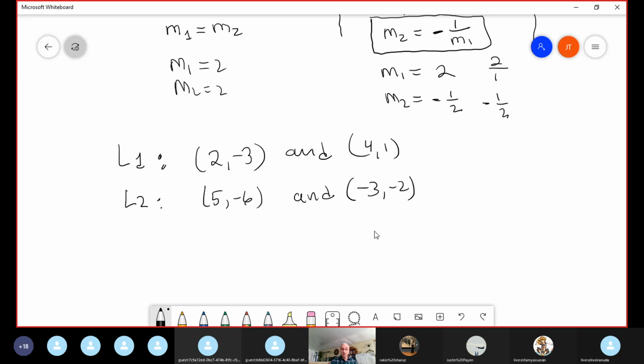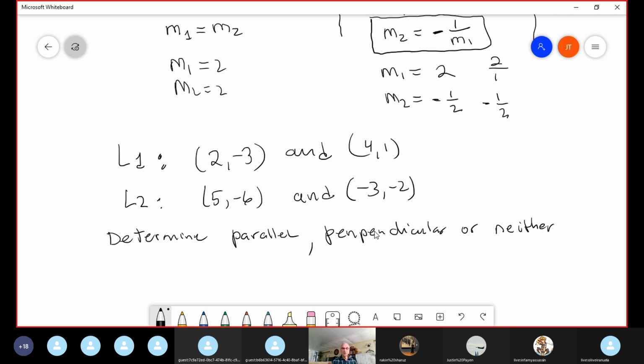And the question says, determine if these lines are parallel, perpendicular, or neither.